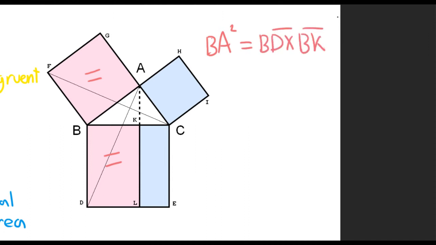Simple enough, right? And also here and here. So AC squared, this side right here, is equal to this rectangle, so KL times KC, right?